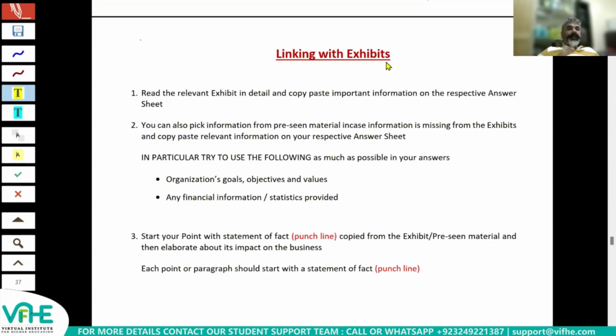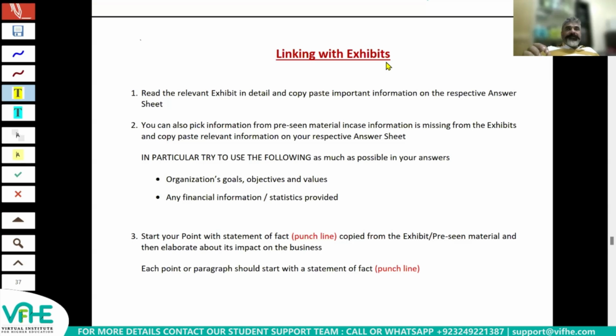That should be the drafting style throughout. Each paragraph, each point should always start with a statement of fact which you will pick up from the exhibit and then you can elaborate on it. Okay.